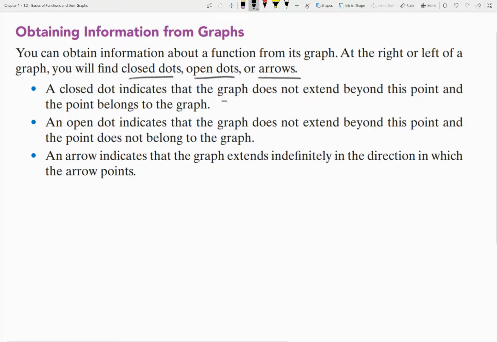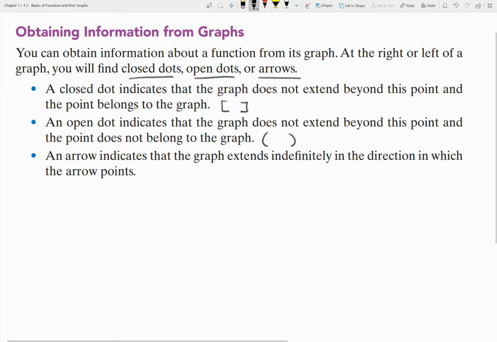In interval notation, that was represented by brackets. The endpoint is included. Open dots mean the graph does not extend beyond that point, and the point does not belong to the graph. With parentheses, we use in interval notation, the endpoint is not included.